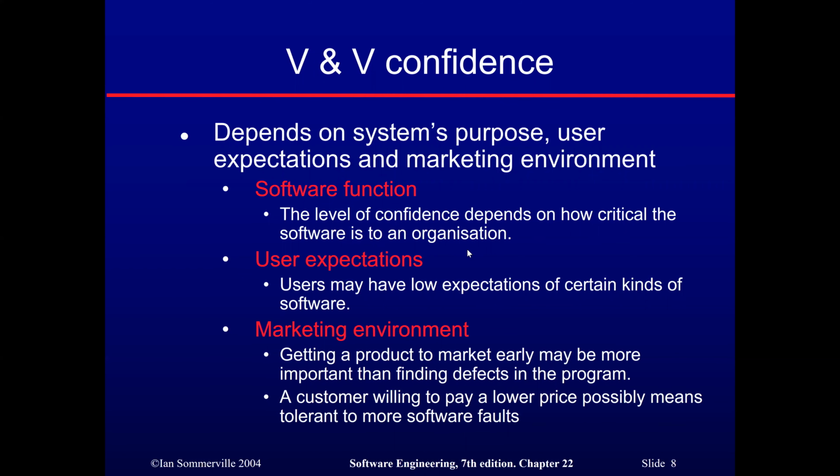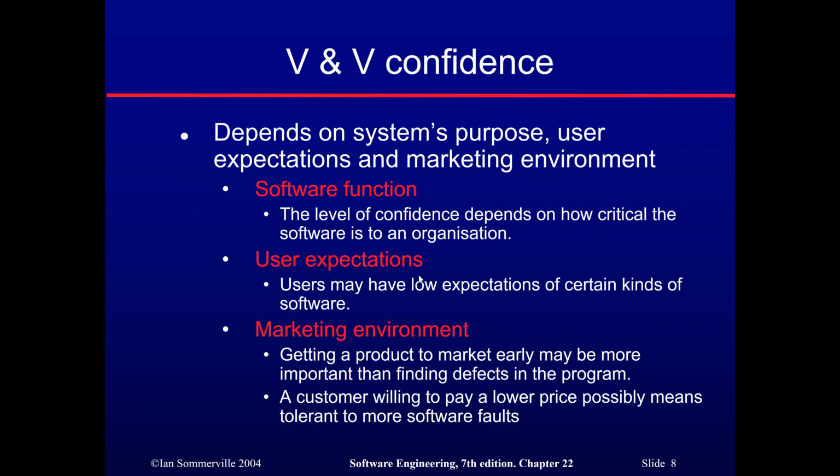Okay, if it's a safety critical system, for example, then the confidence required should be much higher, because people should depend on the safety critical system. But if it's a prototype system that should show a new idea, then the confidence required shouldn't be as high as that of a safety critical system.